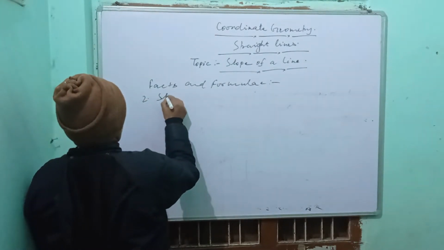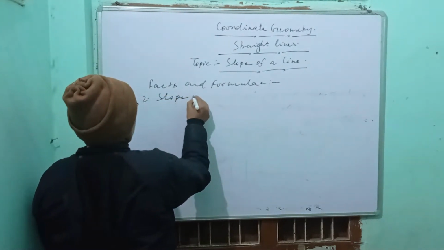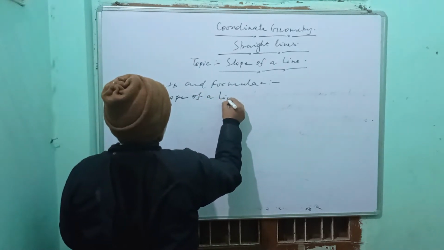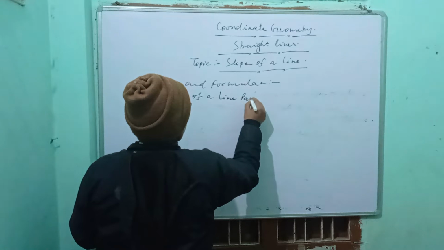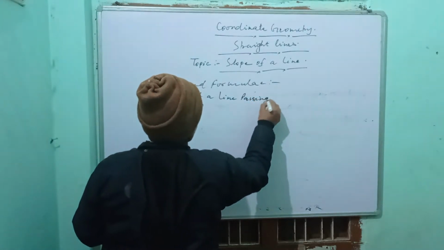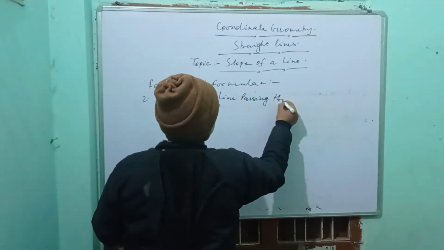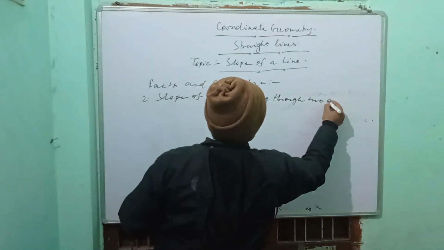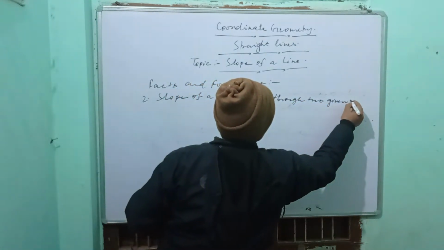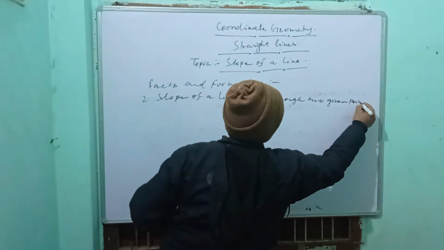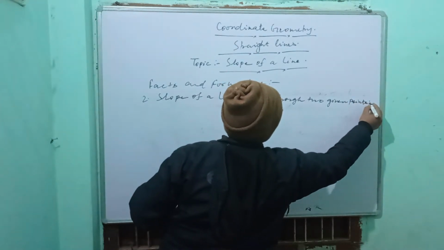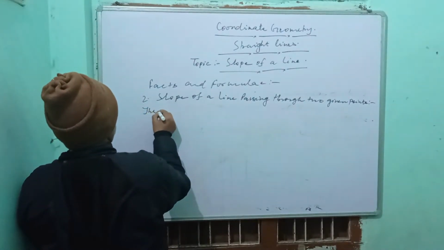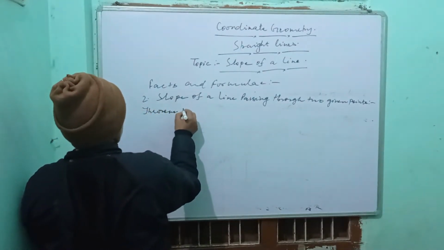Further, slope of a line passing through two given points. Theorem 1.